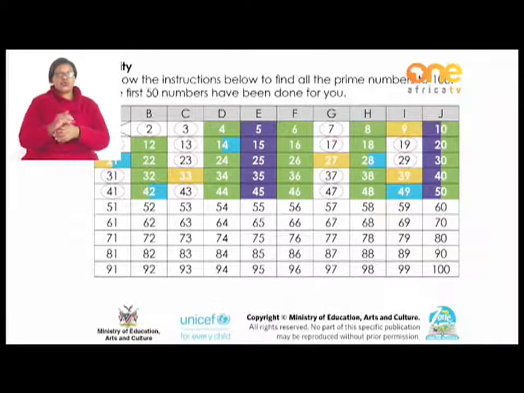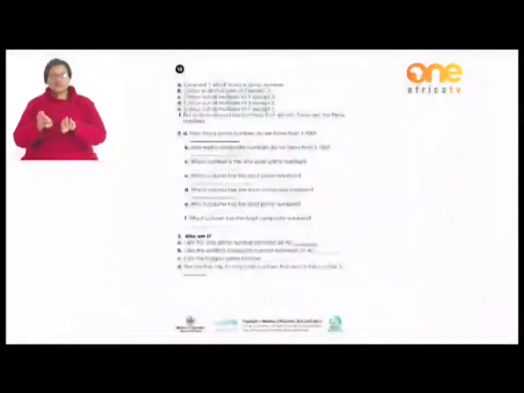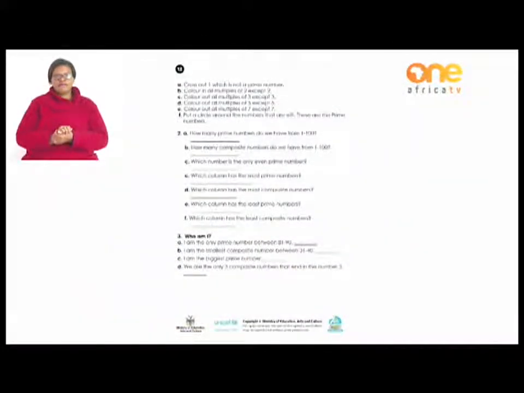Now, there is a certain way to discover your prime numbers, and we are going to do this step by step. So let's go to page 12. Now, there are certain instructions that we need to carry out so that we can discover our prime numbers. And at the same time, we will also be able to discover our composite numbers, but we will come to that later.